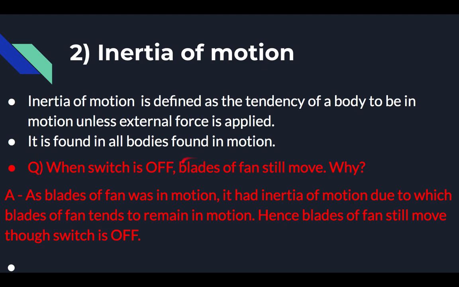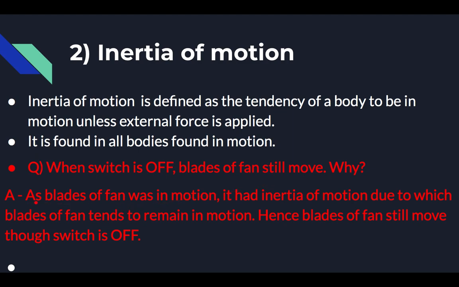That means the blades of the fan want to be in motion. But what you have done is switch off, so the blade does not get any energy to move. But since it was in motion, it wants to stay in motion. That is why if you switch off, the blades of the fan will still move.